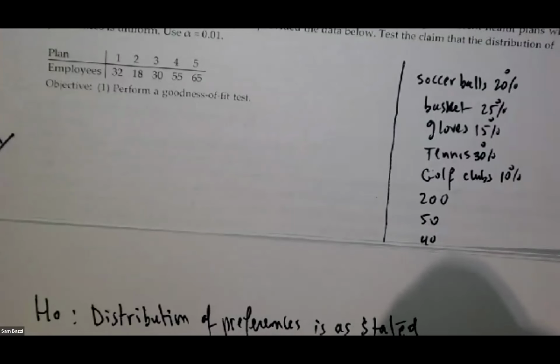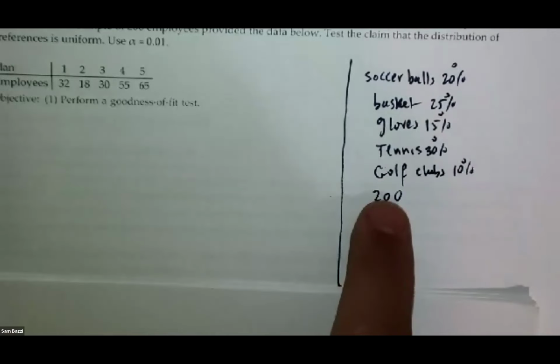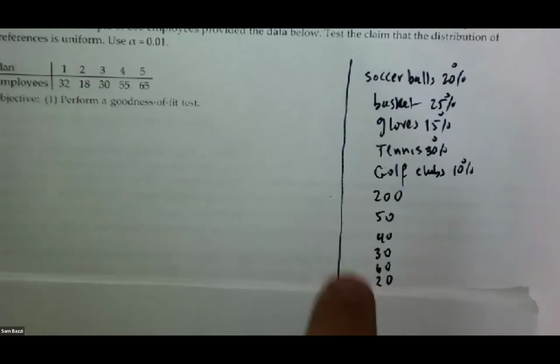So the observed values, guys, are given right here. I have a 50, a 40, a 30, a 60, and a 20. For the expected value, he gives me percentages, but these are not the expected values. The expected value will be a percent of the total. I have a total of 200 and he says 20%. So it should be 20% of 200.